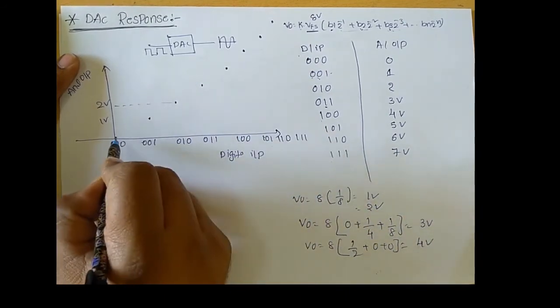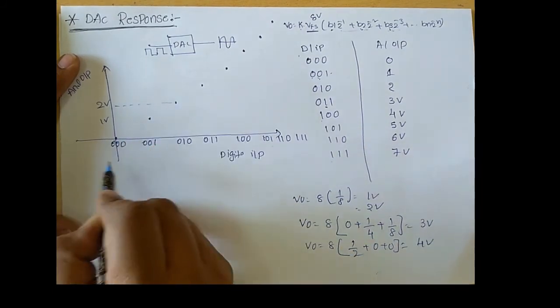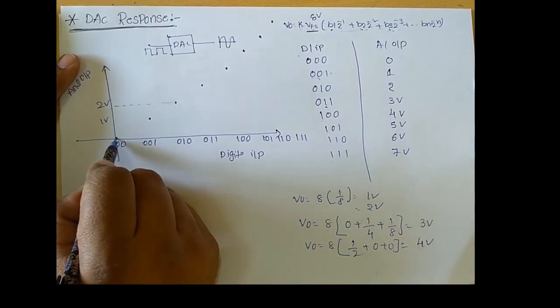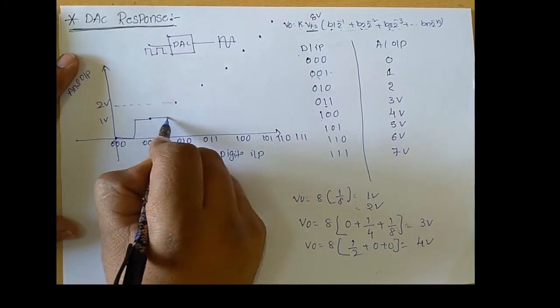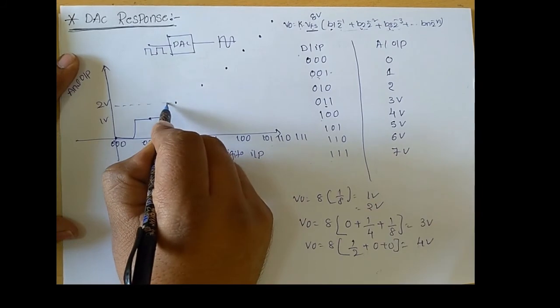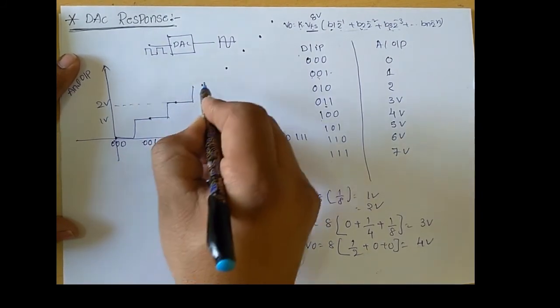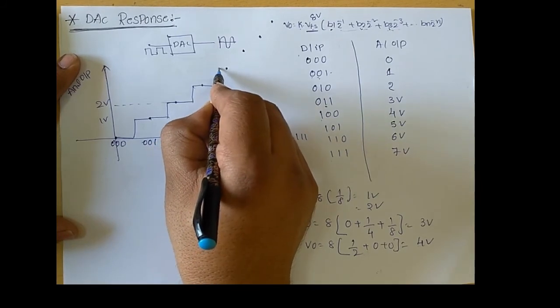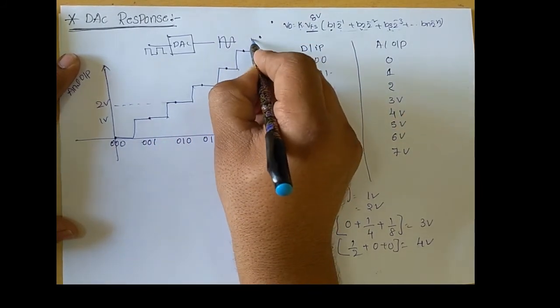But here the analog signal does not suddenly move from 0 to 1 volt. The analog signal moves like a step signal. Here the analog signal suddenly moves from 0 to 1 in a step format. Similarly, we get the analog output signal in this format.